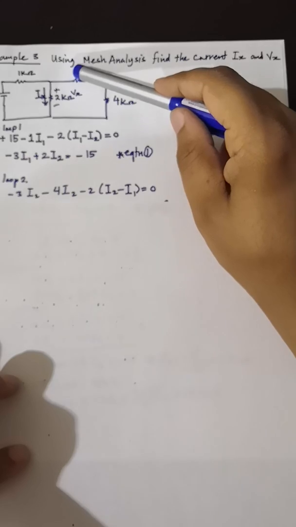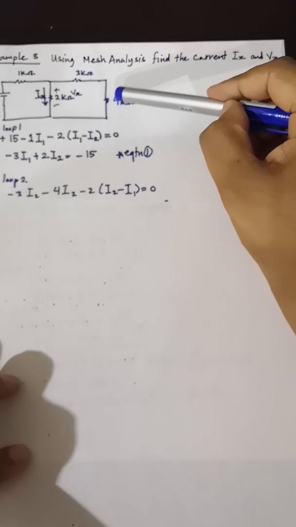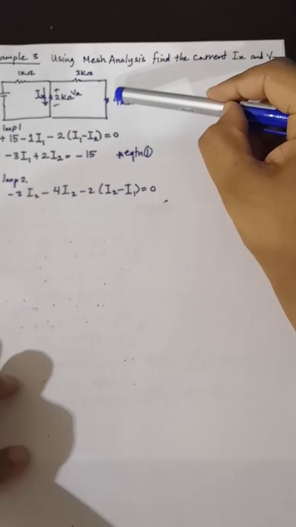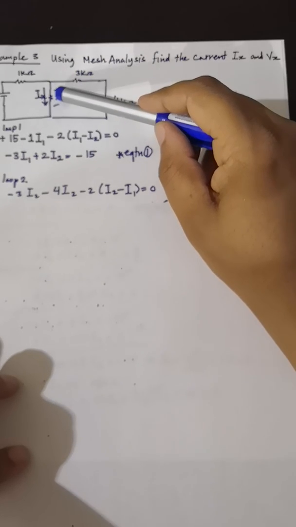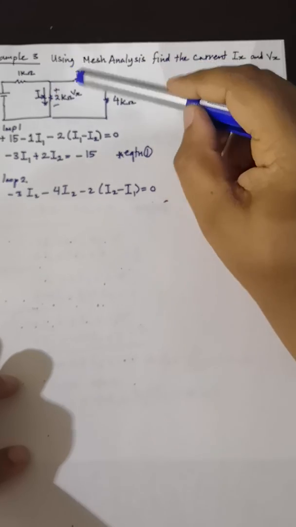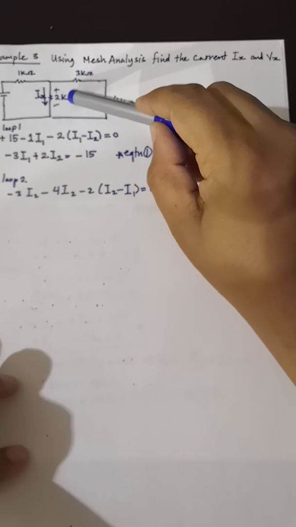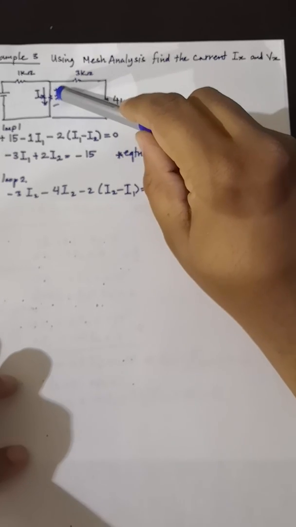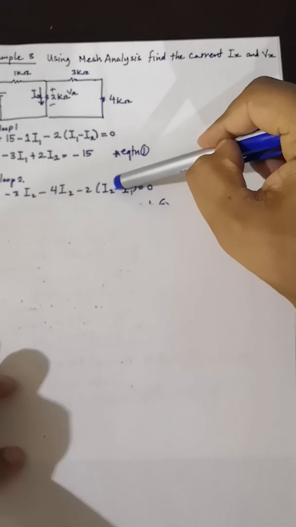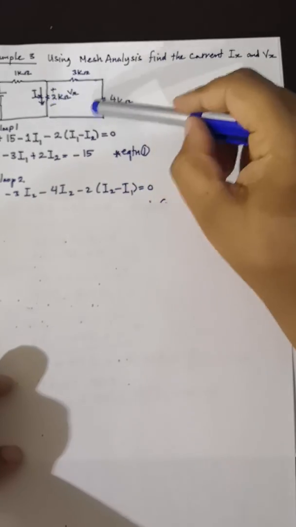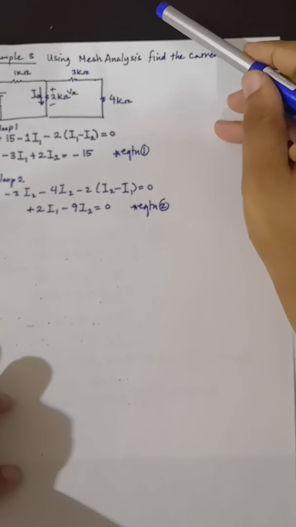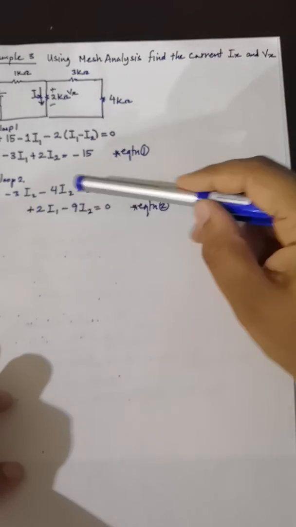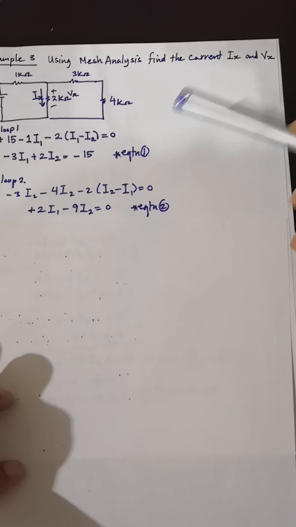So minus 3 I1. And for this one, we will say minus 4 I2. And then when we come here, we will say minus 2. We will start with I2 because we are in loop 2. (I2 minus I1) equal to 0 because I don't have any voltage source here. We arrange the equation, this is equation 2.